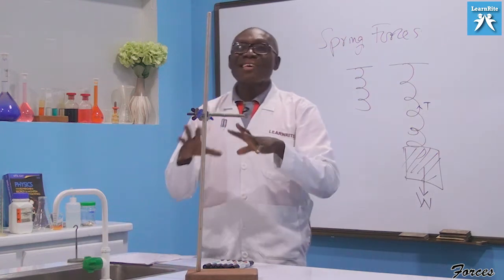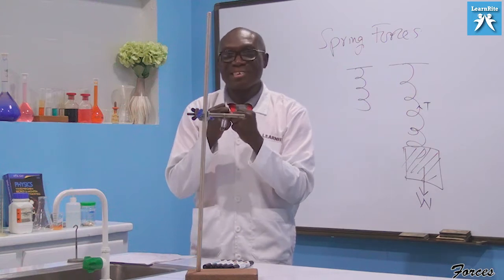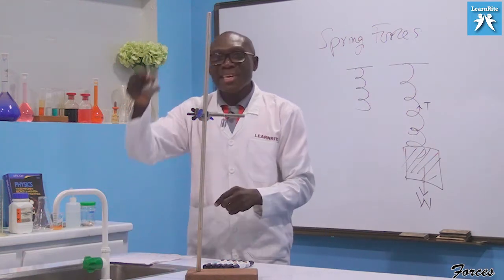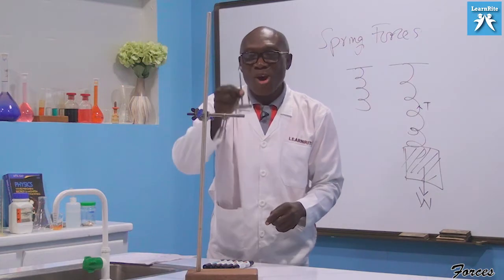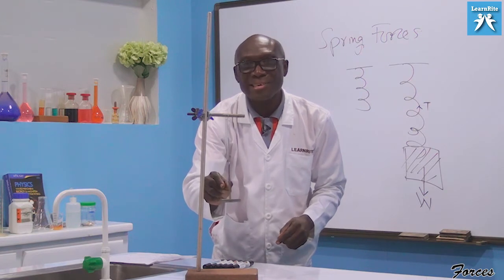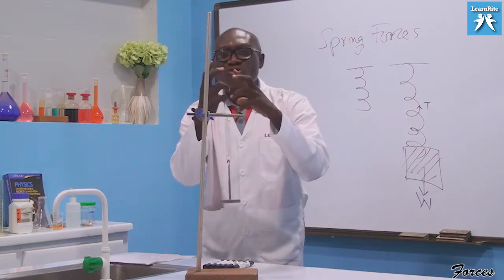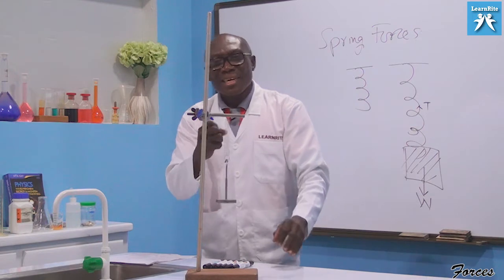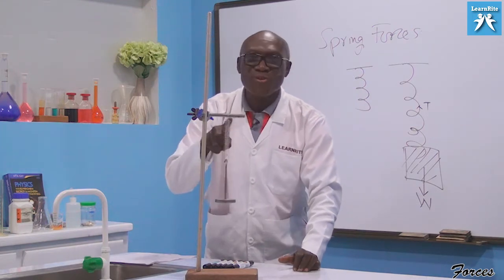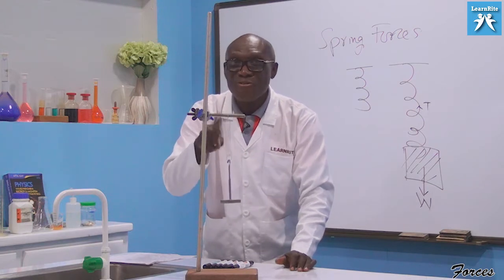So the rod is acting as a support. Now look at this spring. Then I suspend this body on the spring. Come on, look at it. The spring has stretched. There's a force stretching this spring out, and I'm going to call this force tensile force.